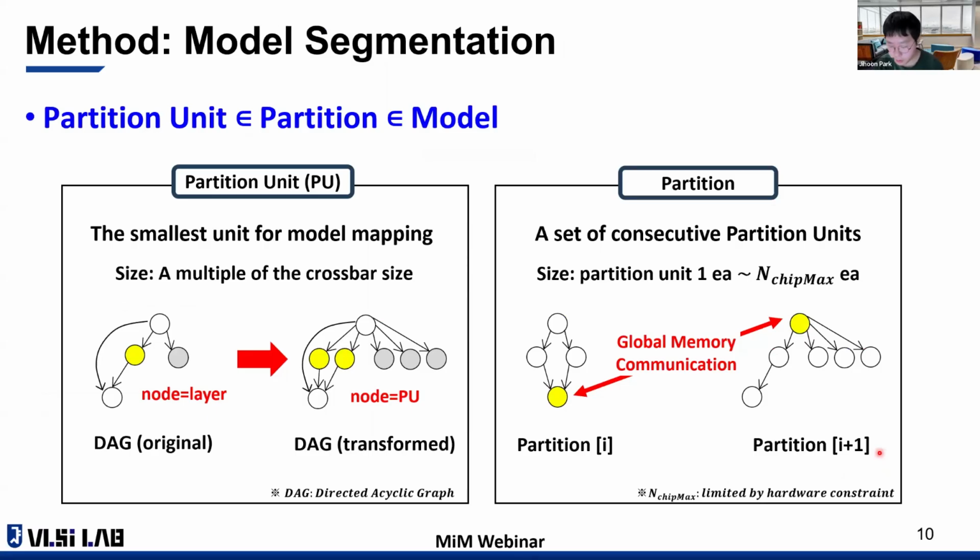So in this resource constrained chip, we have to put the model. And according to the overview that I've explained above, I use partition units to partition the model. The partition unit is the smallest unit for model mapping.